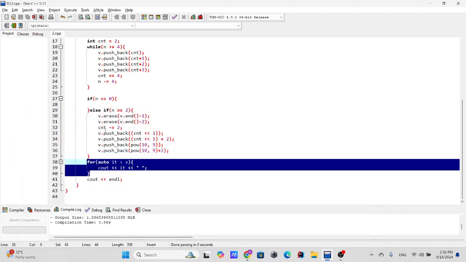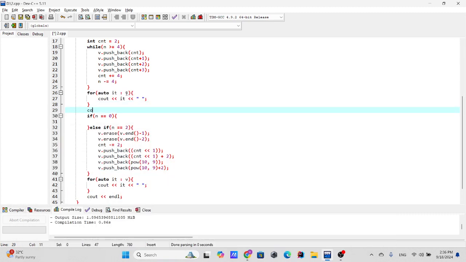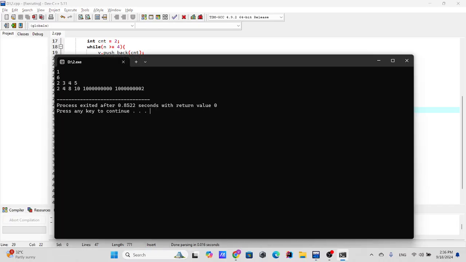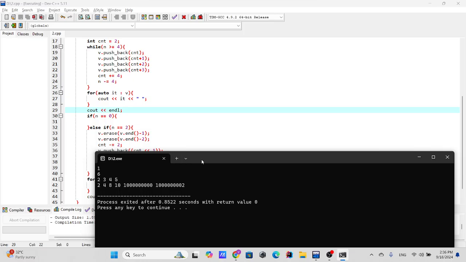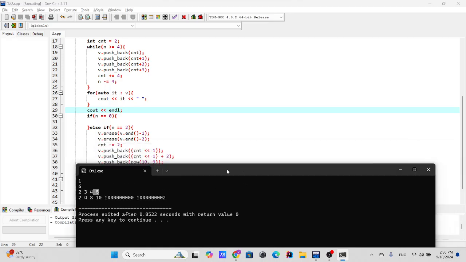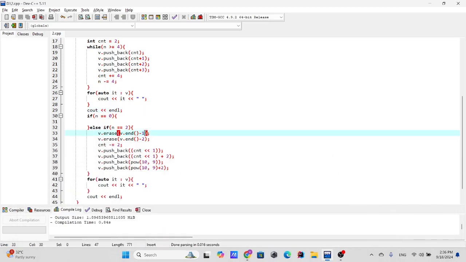How about... I don't know what's wrong with my code really. They erased 3 and 4. Why? Yeah, that's incorrect.